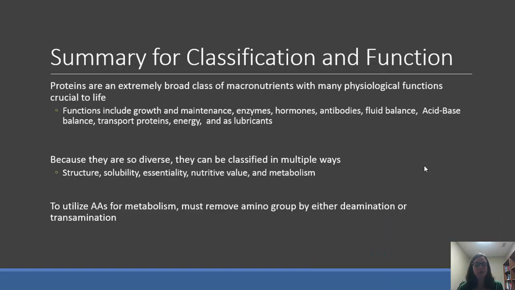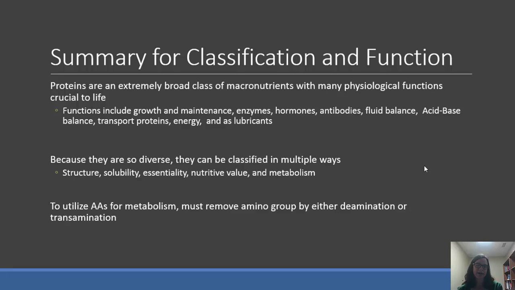Okay, so here's a summary for the section that we just talked about. Proteins are a very broad class of macronutrients with many different types of physiological functions. They're very diverse, and so they have different methods by which they're classified.